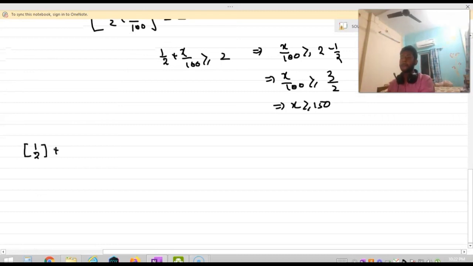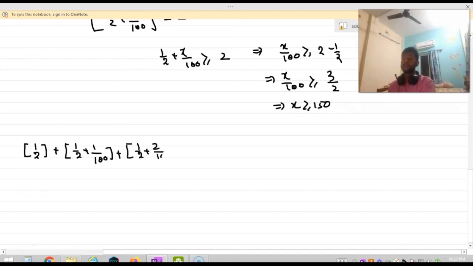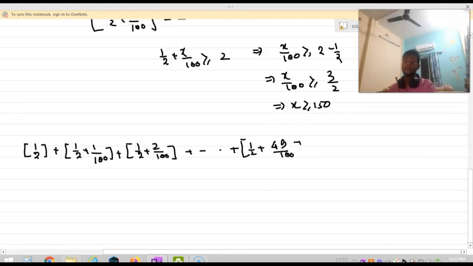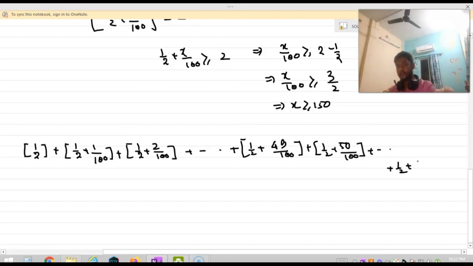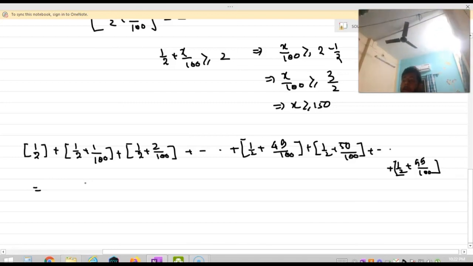Box of half, plus box of half plus 1 by 100, plus box of half plus 2 by 100, plus dot dot, plus box of half plus 49 by 100, plus box of half plus 50 by 100, plus dot dot, plus box of half plus 99 by 100. So the value of box of half is 0, box of half plus 1 by 100 is 0, up to box of half plus 49 by 100.